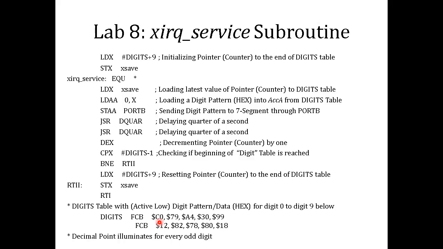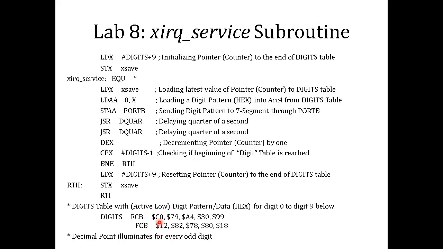Now think about all the segments in your 7-segment display. You have a decimal point, and then you have A, B, C, D, E, F, G. Your 7-segment display is also an active low device. That means all the segments connected to a 0 input will be turned on, and everything else will be turned off.